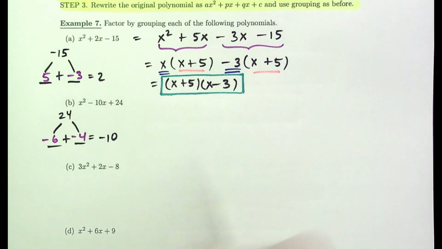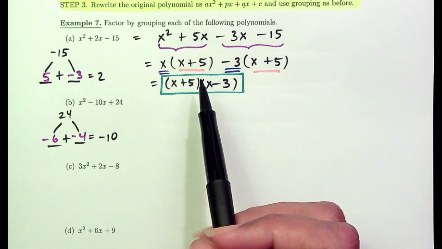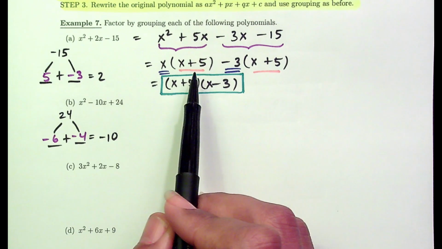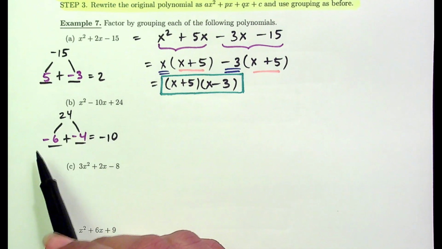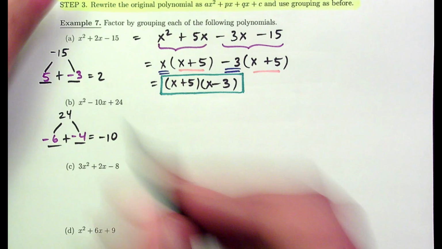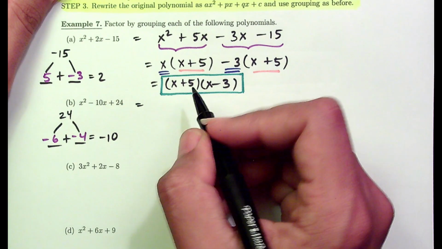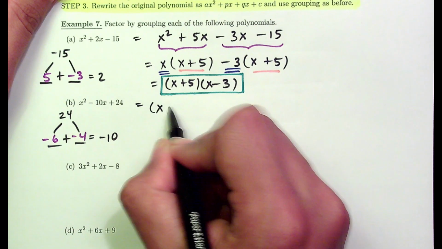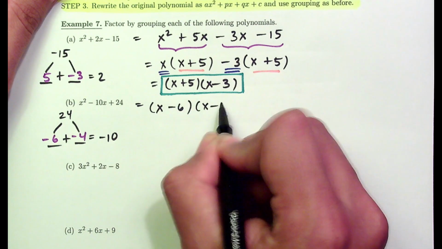I mean, you can go through this process, but remember what I told you. If the leading coefficient is just 1, you don't have to do this. These are the numbers that are going to be in the factorization. So that means the factorization is, because the leading coefficient is 1, I know the answer is going to be x minus 6, x minus 4, and we're done.